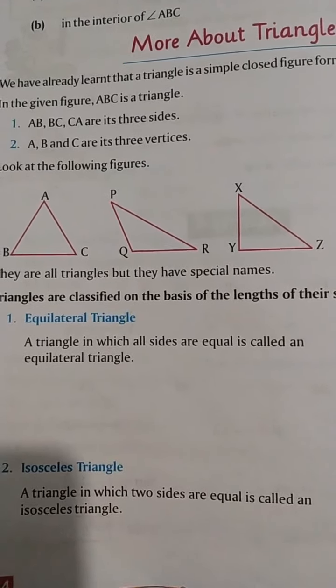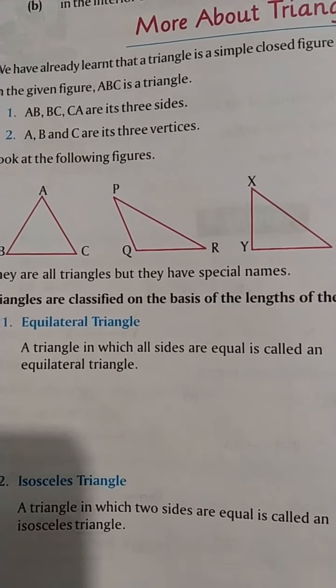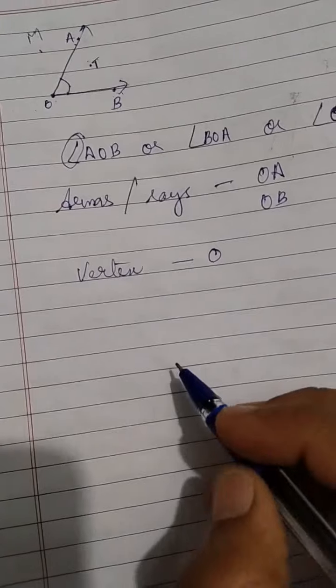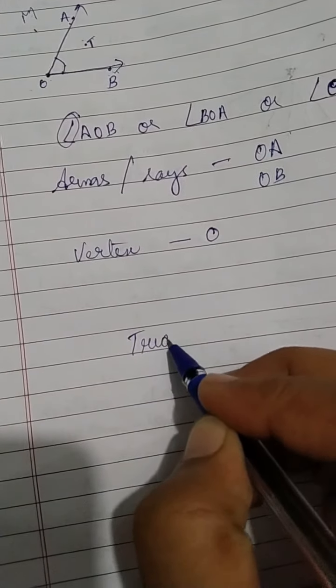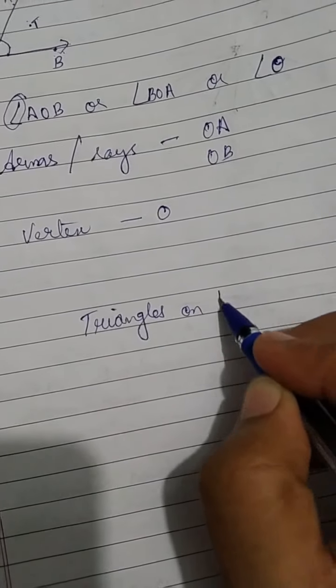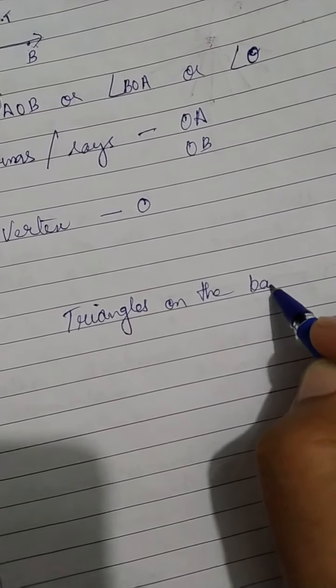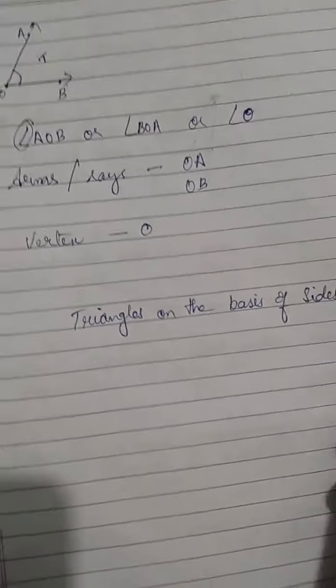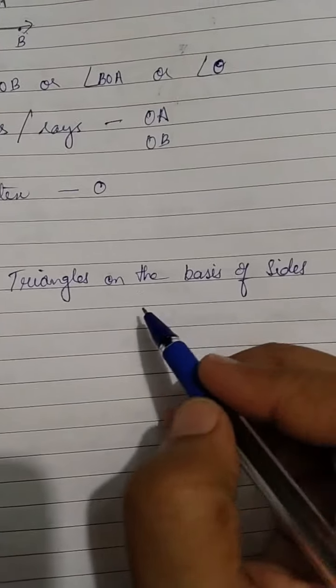Kids, there are three types of triangles on the basis of sides. That is equilateral triangle, isosceles triangle and scalene triangle. On the basis of angles you will do in the next class.